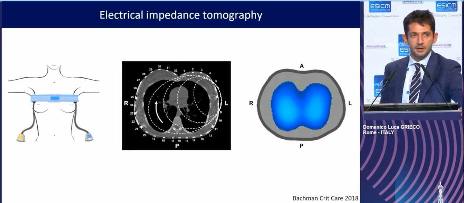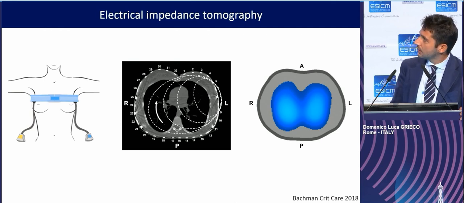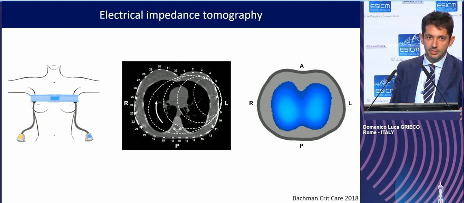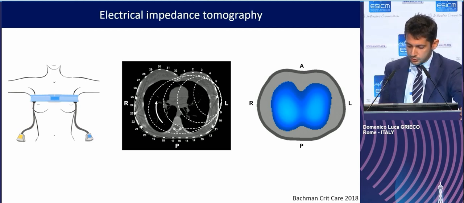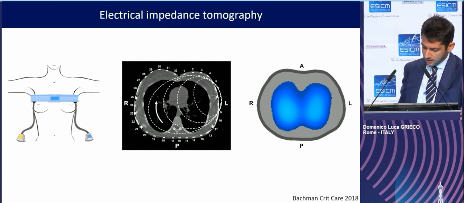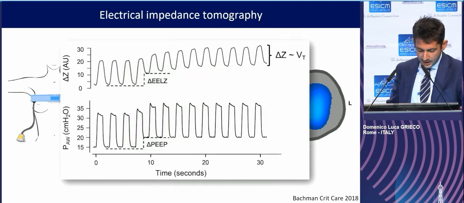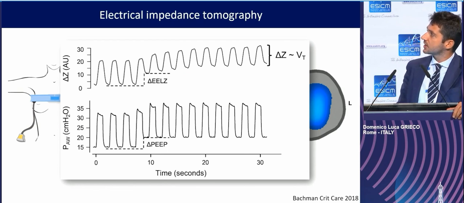Depending on the brand, it can have a different number of electrodes, and essentially it allows the measurement of the electrical impedance of the thorax, which can change according to different degrees of aeration or movement of fluids inside the thorax.